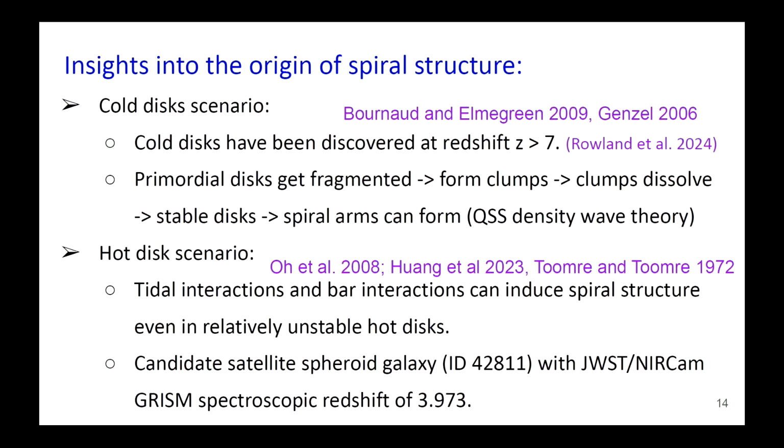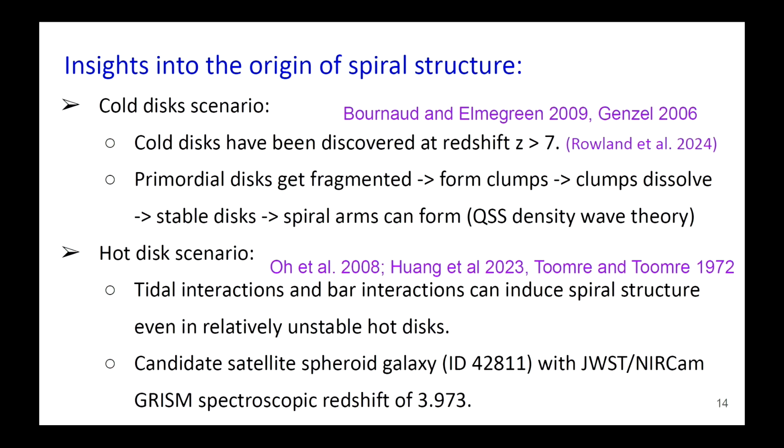So what can happen is that these hot disks get fragmented, and then those clumps get dissolved over time, and then stable disks are there in which spiral arms can emerge via, for example, quasi-steady state density wave theory.